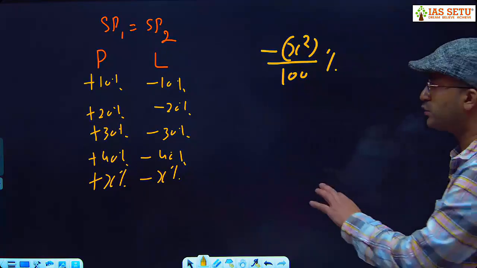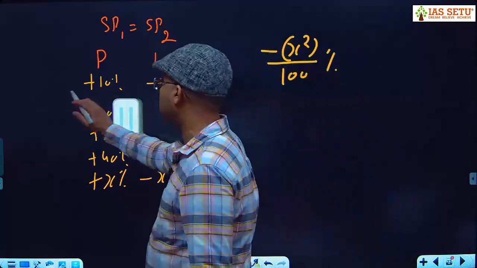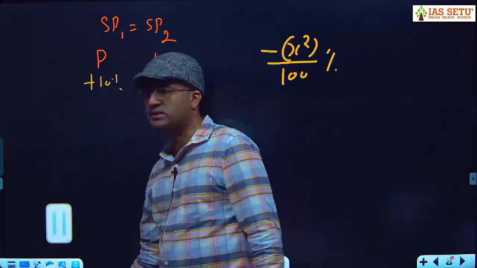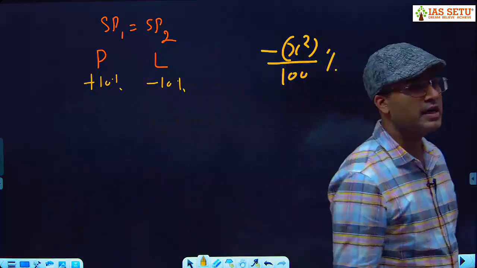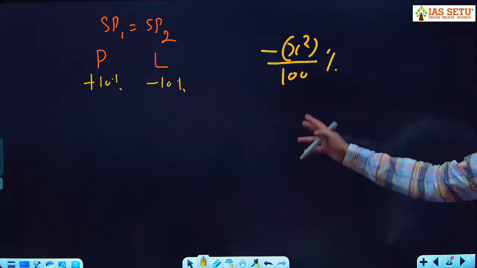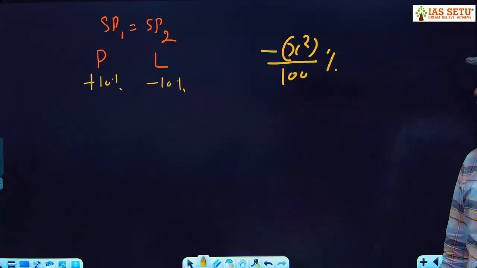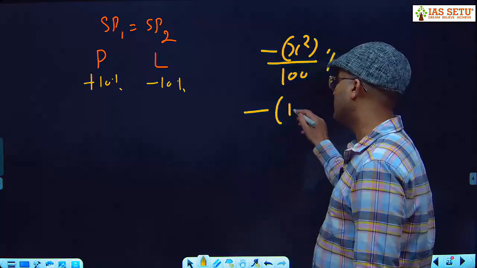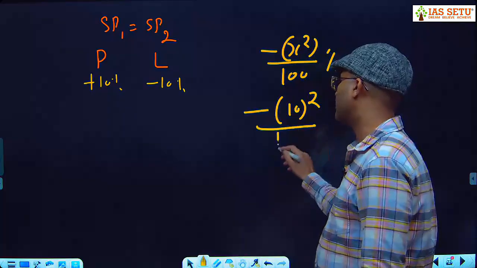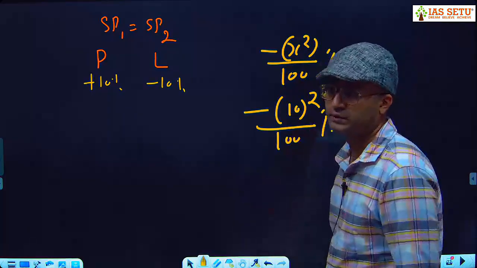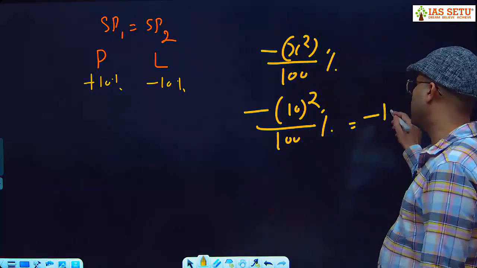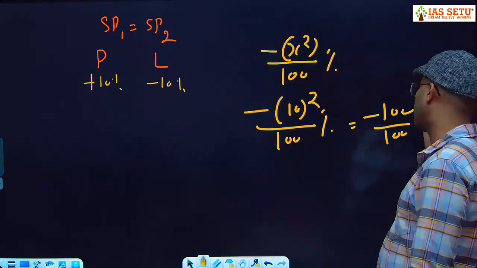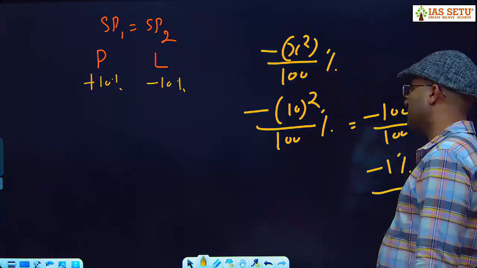Let us do 2-3 questions. I sold 2 articles at the same price. I sell one article at 10% profit, the other at 10% loss. We have to find the overall profit and loss percentage. Minus 10 square upon 100%. Your answer is minus 100 upon 100%, that is minus 1%.